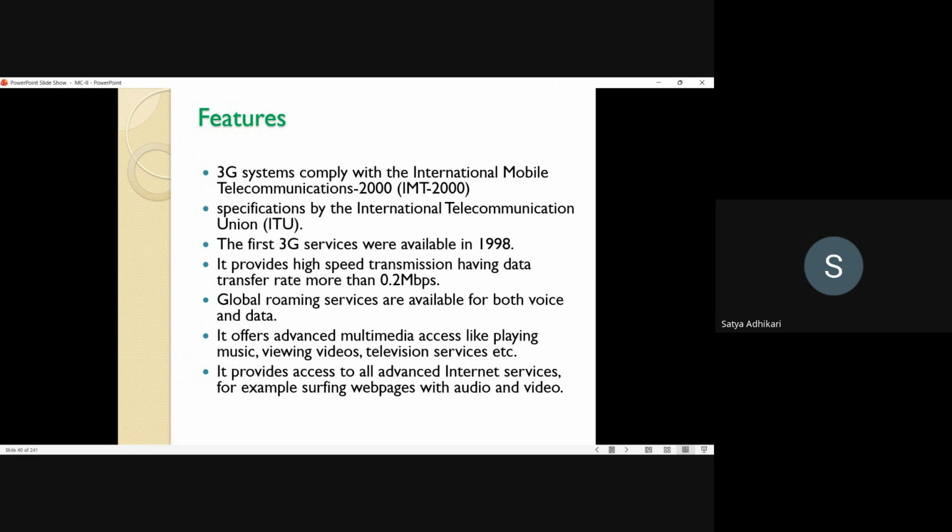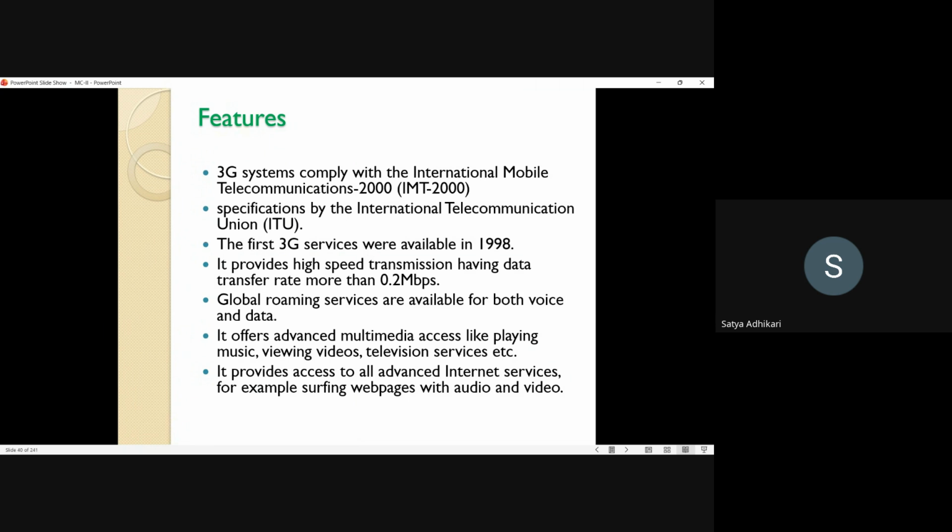Global roaming services are available for both voice and data. That is, if you are traveling outside of the country, you will get the global roaming services.